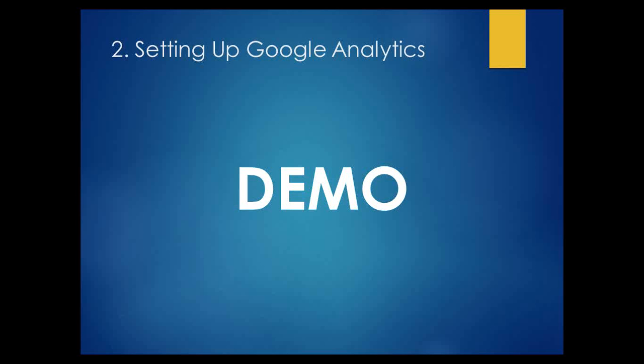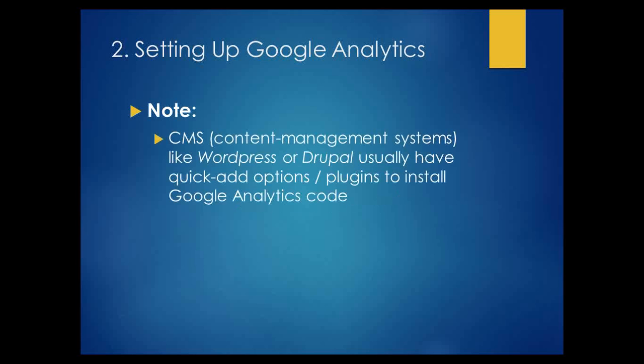I just want to highlight one more thing. For those of you who use a CMS or a content management system, for example, something like WordPress or Drupal, usually those systems have options where you can very quickly add your code.